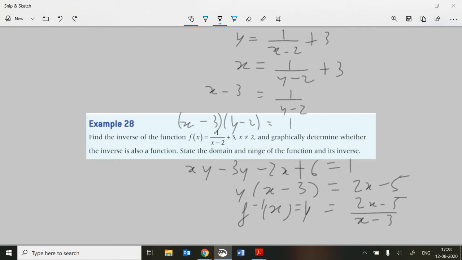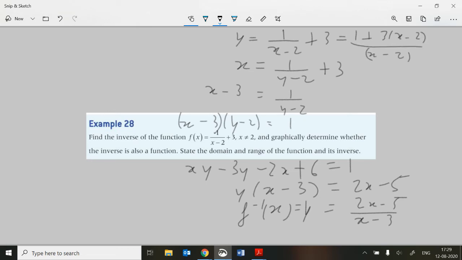There's our inverse function. And out of interest, by the way, I might just put these two together by multiplying the top and the bottom of this by x minus 2. So what have I got? I've got 1 plus 3 lots of x minus 2 all over x minus 2.